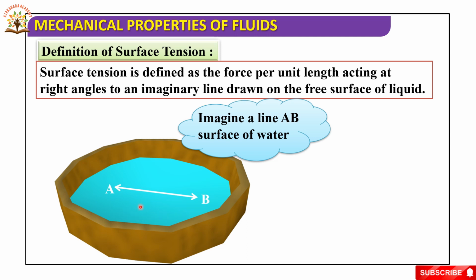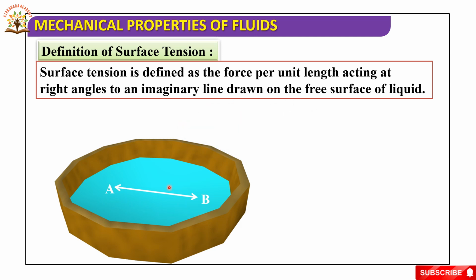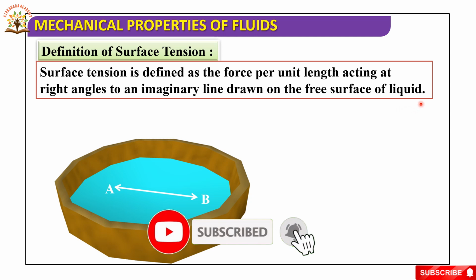This is the surface of water. Force per unit length acting at right angles to an imaginary line drawn on the free surface of liquid is known as surface tension.